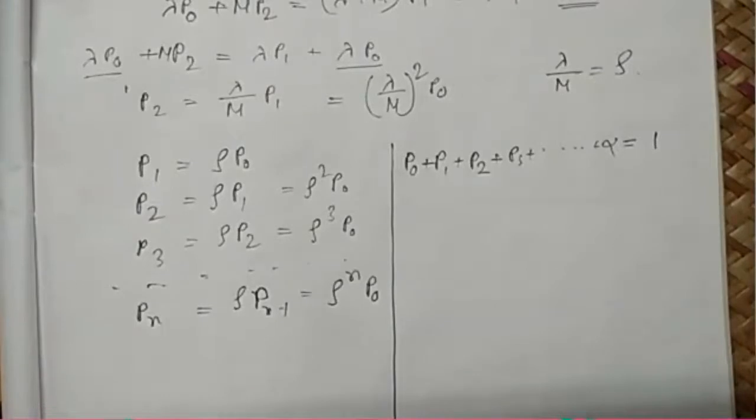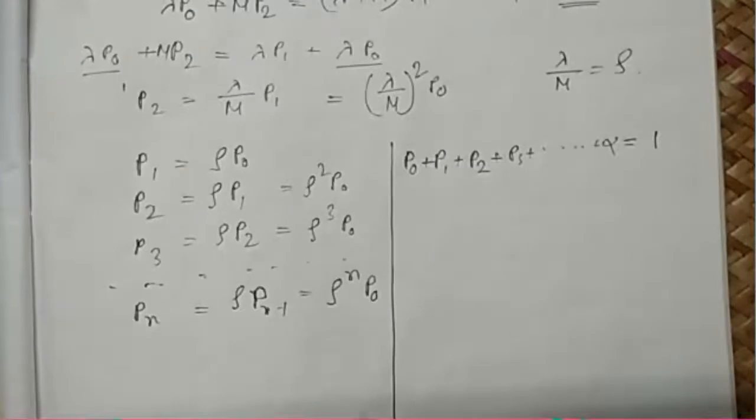We do not know how many persons are in the system. The probability that there are 0 persons in the system is P0. The probability that there is 1 person in the system is given by P1. The probability that there are 2 persons is P2. Similarly, there may be infinitely many persons in the system. All these probabilities upon addition will become 1.